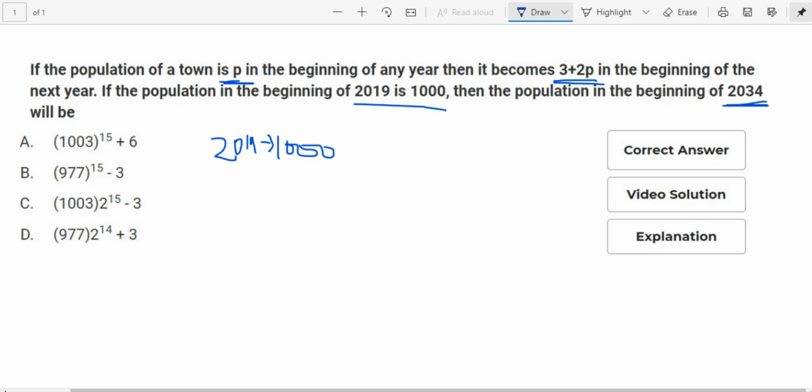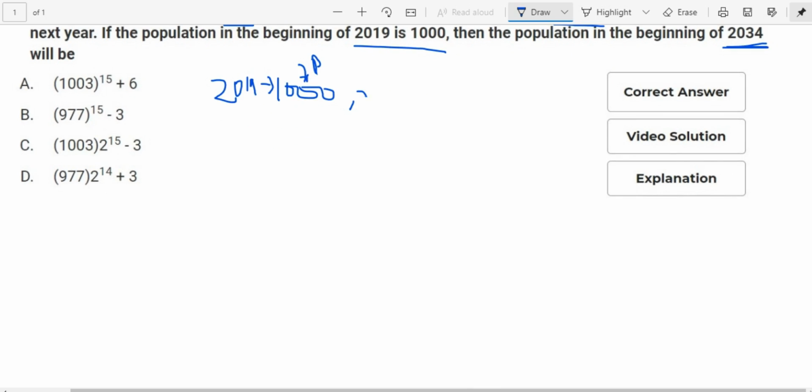So if we say it is P, then in the next year it will become double plus 3 according to the condition, isn't it?